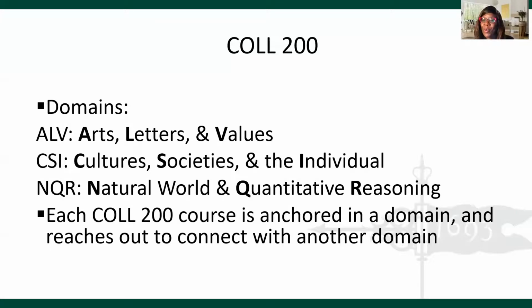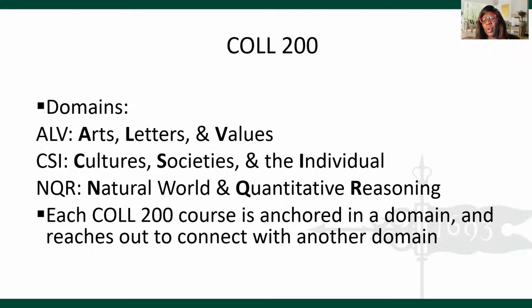So if you find a course that has an ALV knowledge domain attribute, it may not have a COLL 200 in front of it, but if it also has the arts proficiency attribute, you will be able to get those 2 requirements fulfilled at the same time. So some students get lucky.